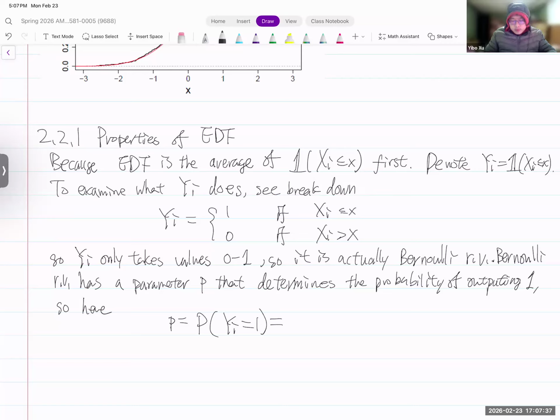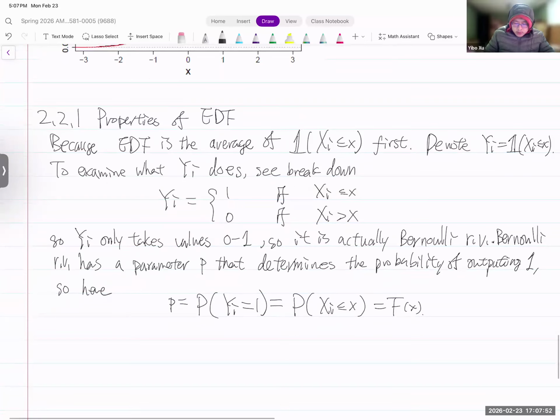Let's be really explicit. Yi realizes 1 when the event Xi less than or equal to little x occurs, which is capital F of x, the CDF. For every x value, we look at the CDF of my random variable to indicate this probability.